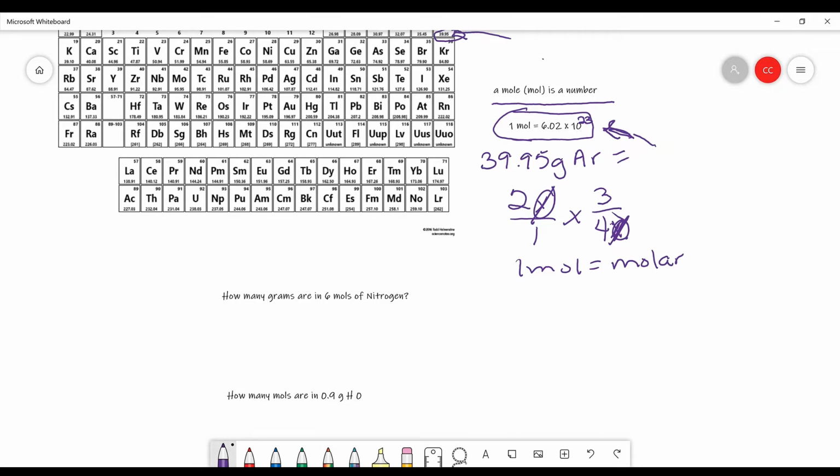So the question here, how many grams are in 6 moles of nitrogen? 6 moles of nitrogen are my given. The molar mass of nitrogen is 14.